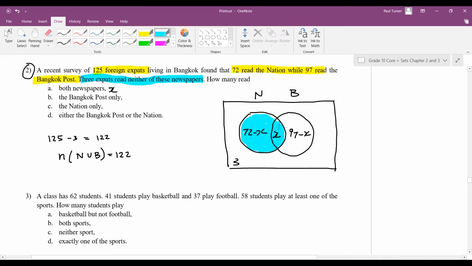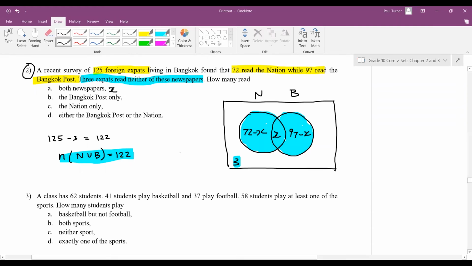Okay, so we're doing it the long way because the long way is the best way at this time to learn. And then we can use the formula to check there. So this here is equal to this number, the union, because remember 3 don't read even newspaper.